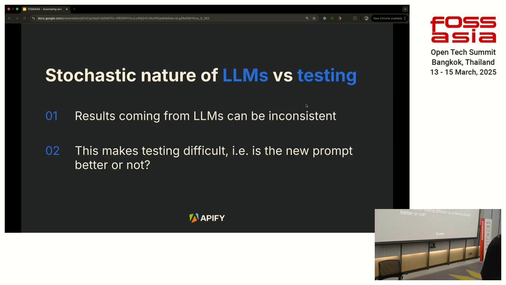The second challenge is the stochastic nature of LLMs versus testing. Again, the same thing: the inconsistency of LLMs. You can ask an LLM the same question twice and you will get two different answers, and the third time you will get a third new one. That is a problem which we faced pretty much.